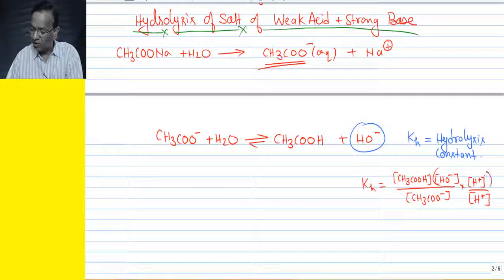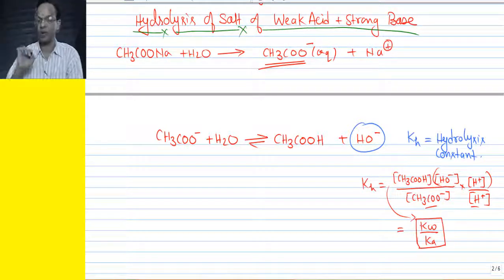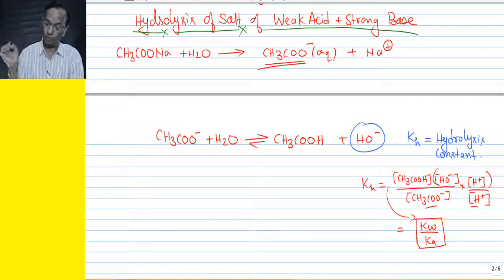Now this H plus into OH minus is nothing but Kw, ionic product of water, whereas this H plus into acetate ion divided by acetic acid is Ka, ionization constant of acetic acid. So it is nothing but Kw upon Ka. So this way we determine hydrolysis constant Kh, which is now Kw upon Ka.